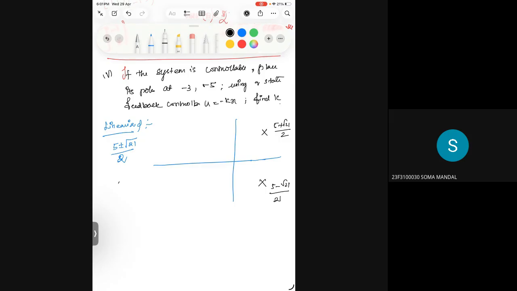So if you give a step input to this system, how would your response be? Will it have overshoot? How will the step response of the system be?